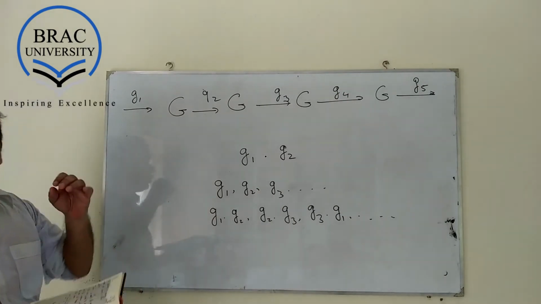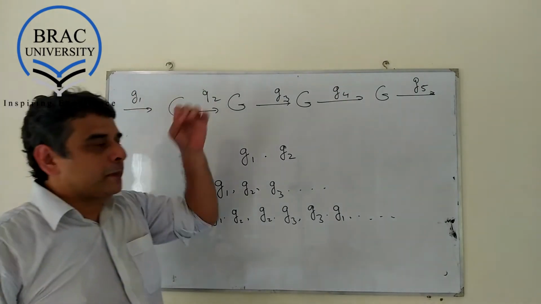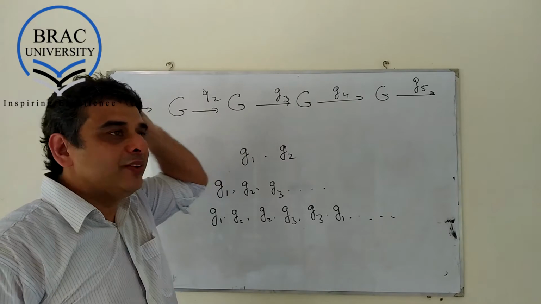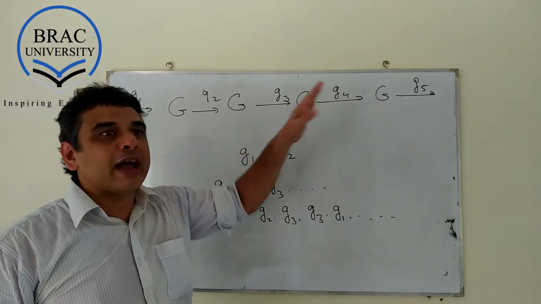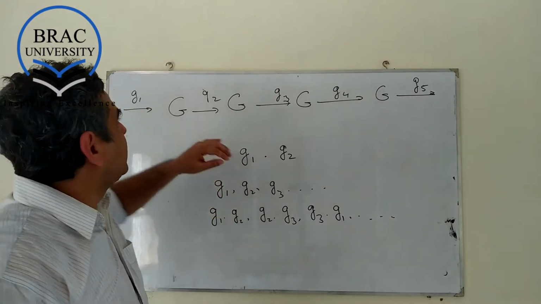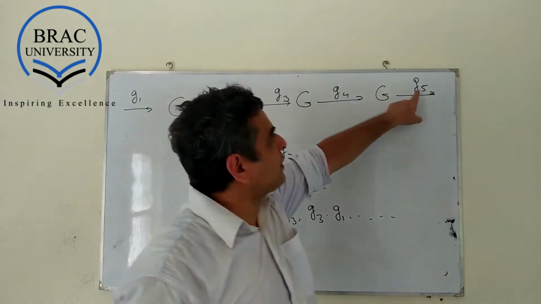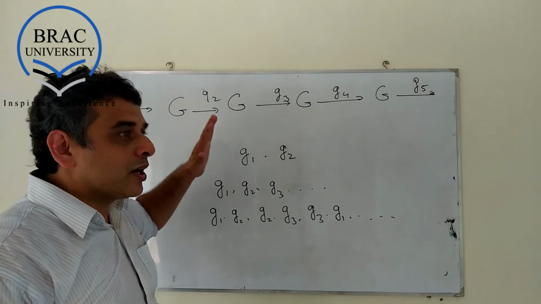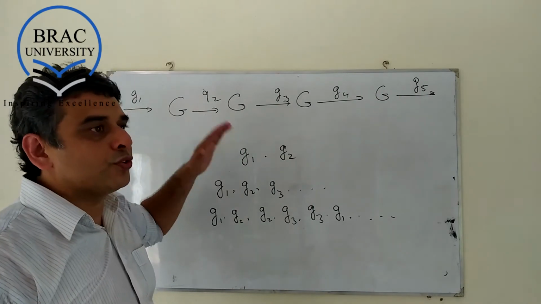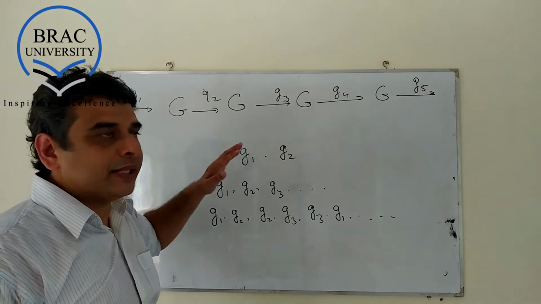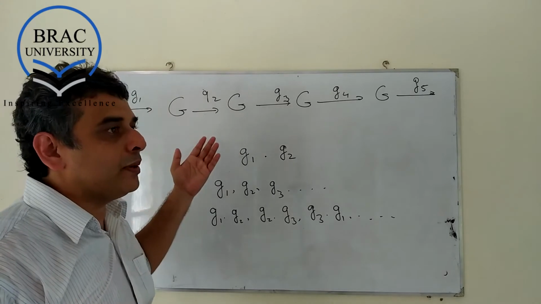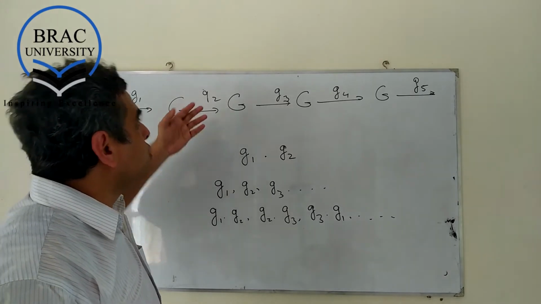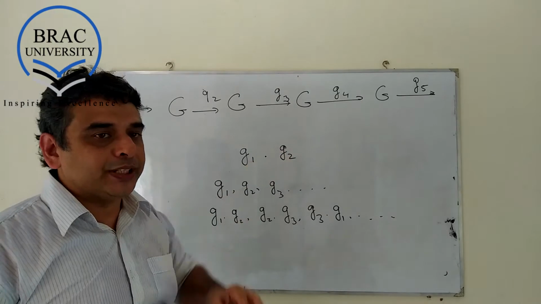Since we want to represent the morphisms with the group elements, the objects all have to be the same. Because G2 times G5 should make sense. The corresponding source and targets should also match. And the only way they can be matched is to take all the objects to be the same.